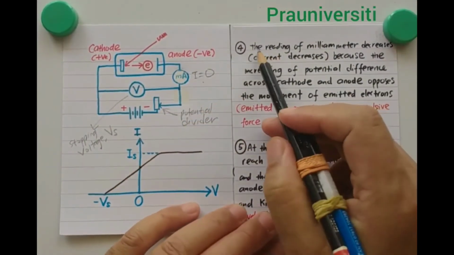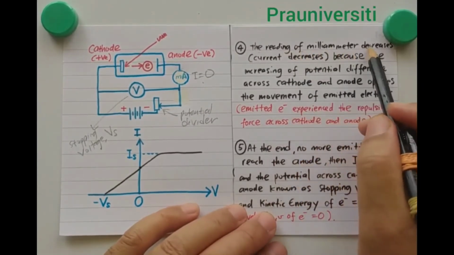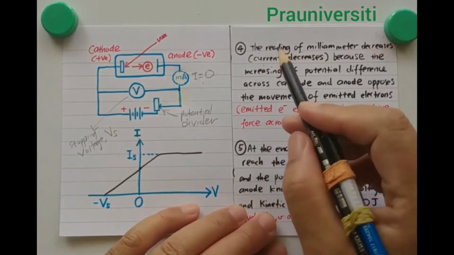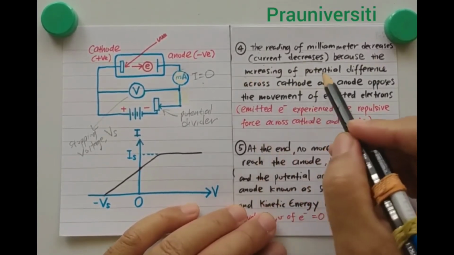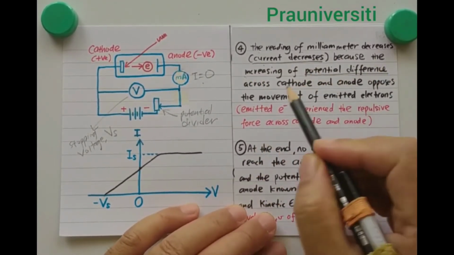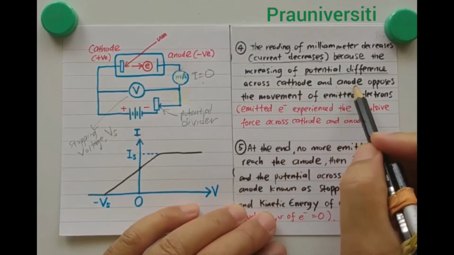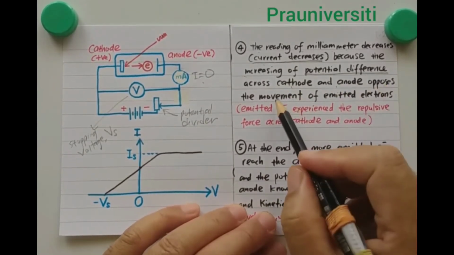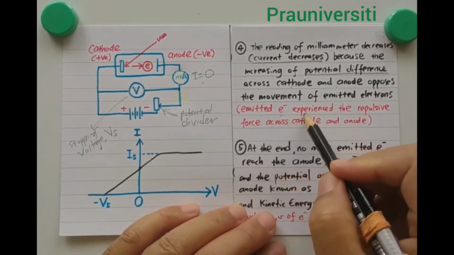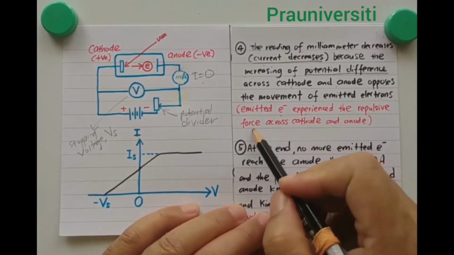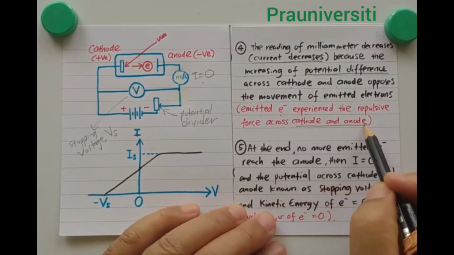The reading of the milliammeter decreases, so the current decreases, because the increasing potential difference across the cathode and anode opposes the movement of the emitted electrons. The emitted electrons experience a repulsive force across the cathode and anode.